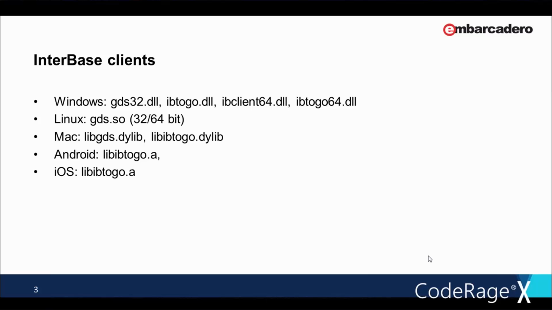On Linux, that's going to be gds.so, and on Mac, there's a client there, libgds.dylib or ib2go.dylib, and then on Android, it really gets embedded, but ultimately the file is libib2go.a. Now, if you use the deployment manager, all these files happen automatically, so you don't really need to think about these file names. But as you're going along, you might think about what file is really happening here, what do I need? That might make sense if you ever have problems deploying something.